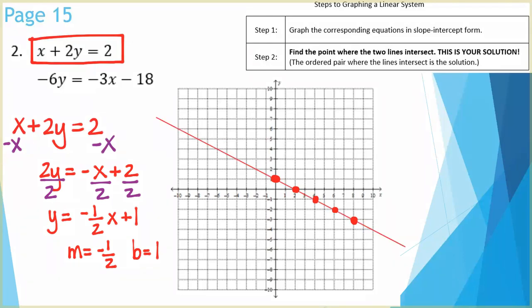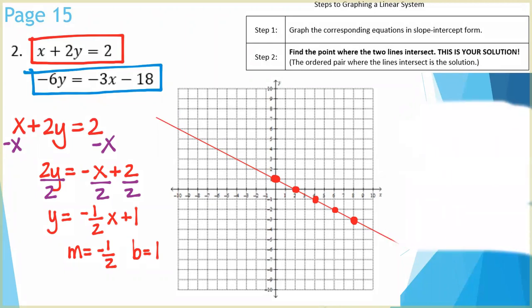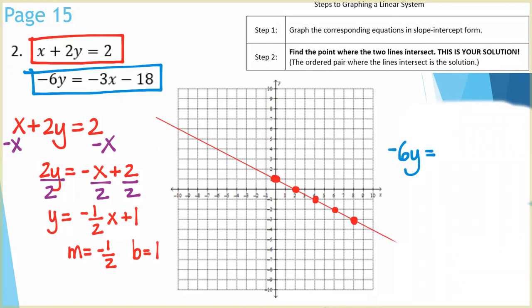Okay, and now let's do our second one. This one over here. So we have -6y equals -3x minus 18. We're going to divide everything by -6.